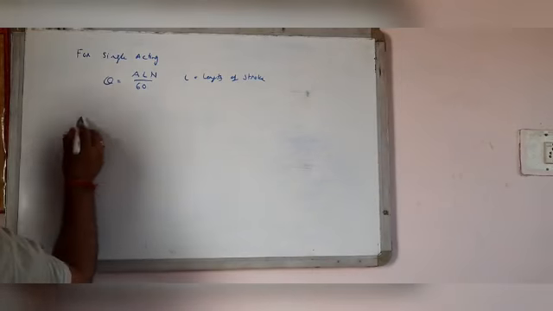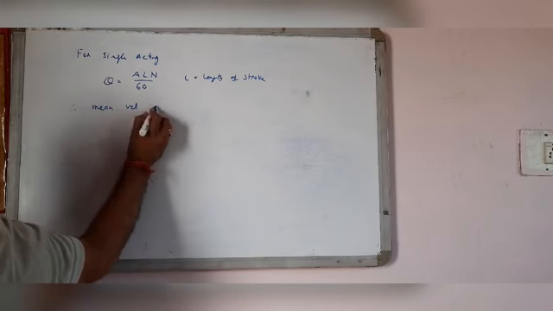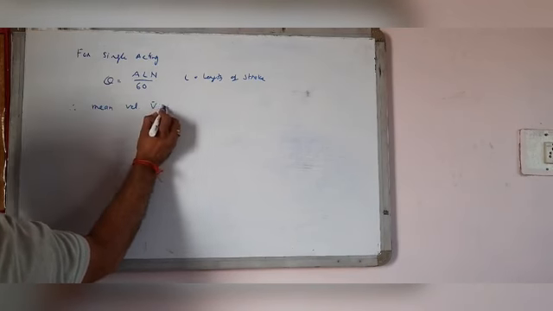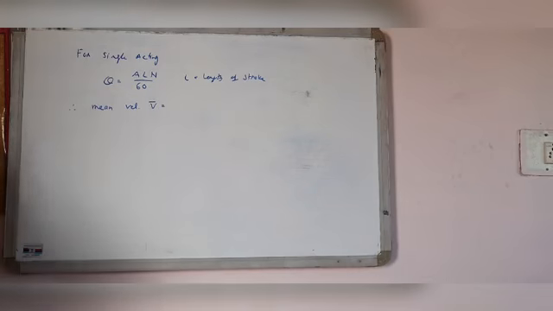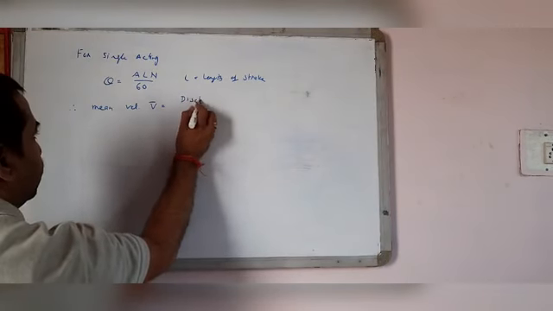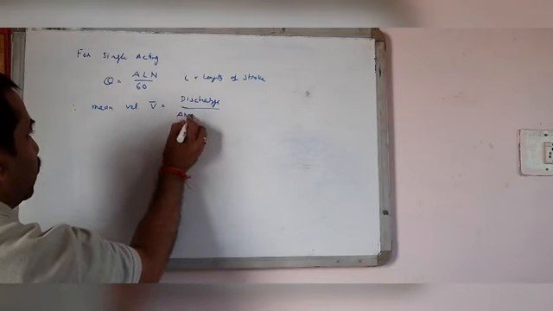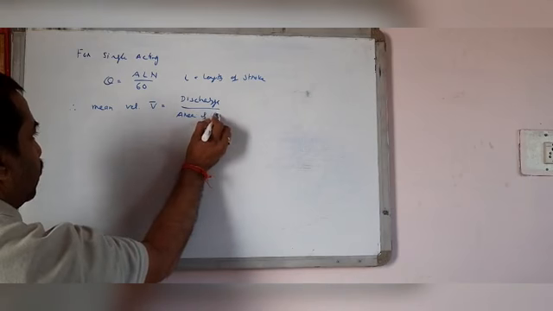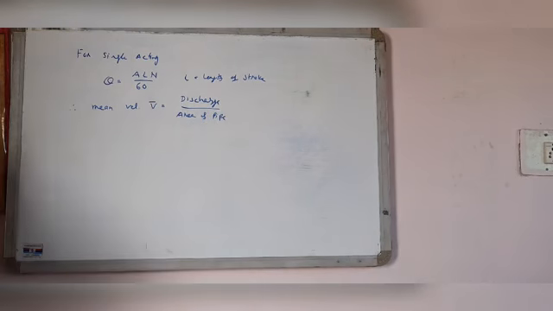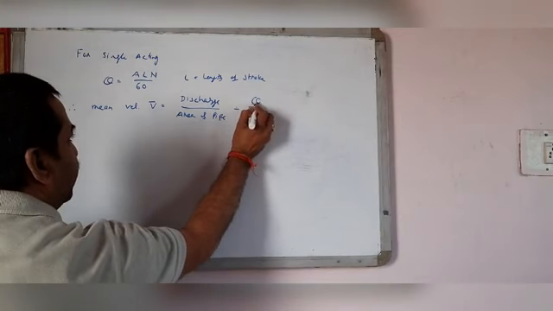Mean velocity V bar equal to discharge by area of pipe, that is equal to Q by area.